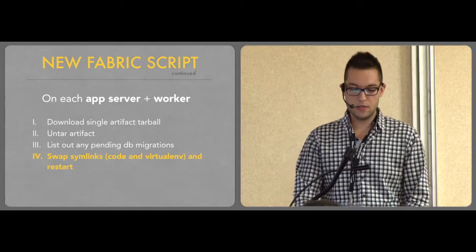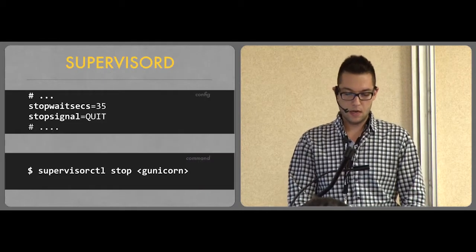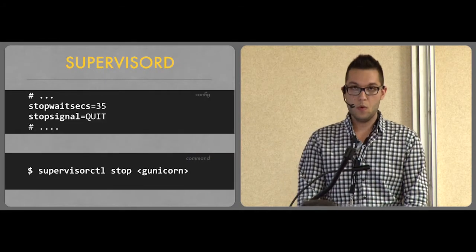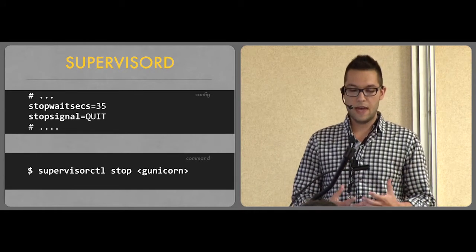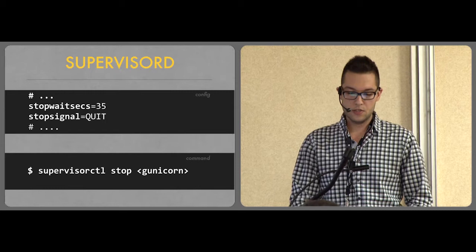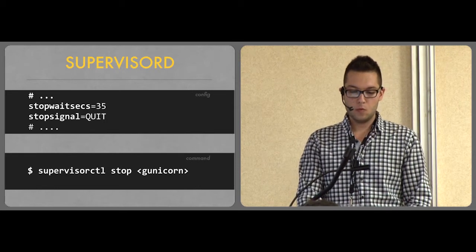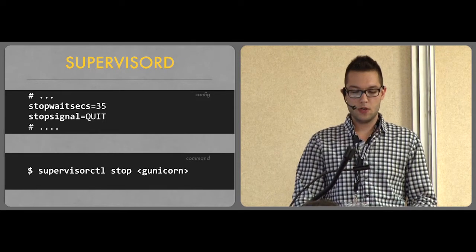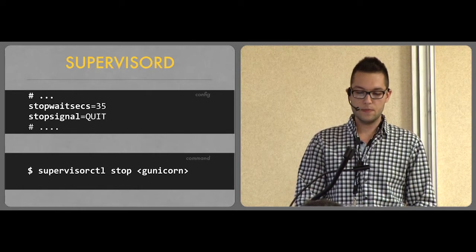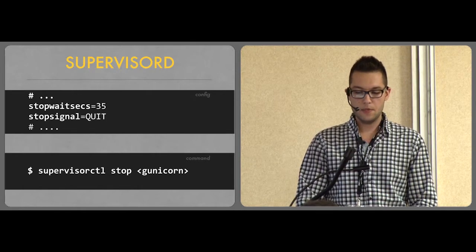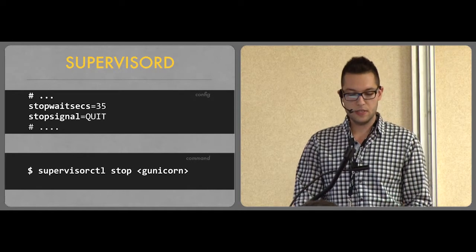Another thing I want to talk about is swapping the symlinks. When you take an app server out of the pool, it could still have active requests being served. So when you're restarting your workers, there are a few tweaks you can make to your supervisor settings so that it restarts the workers gracefully.